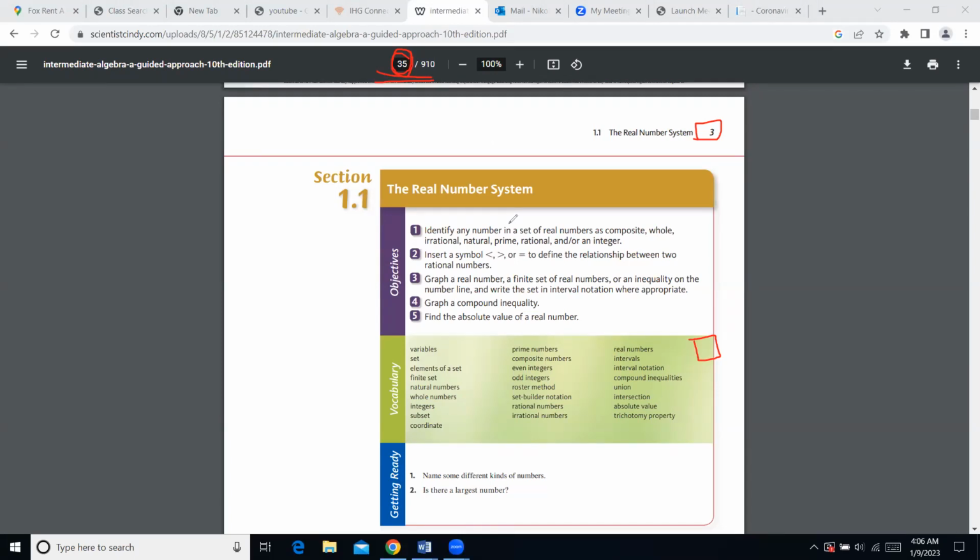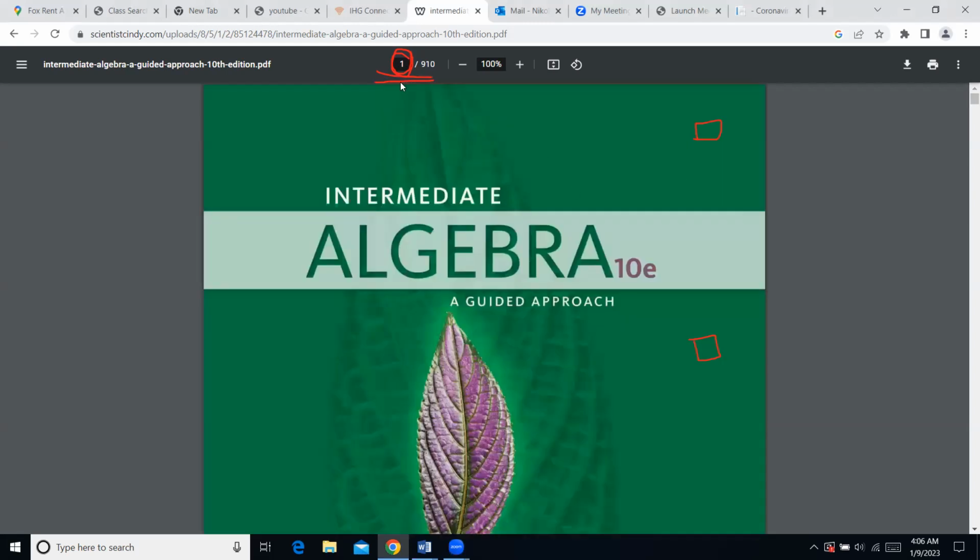So how to do this faster? Well, if you open the contents of the textbook, and you want to go to page 3, you add 32 to it. You can add 32 and 3 and get 35.